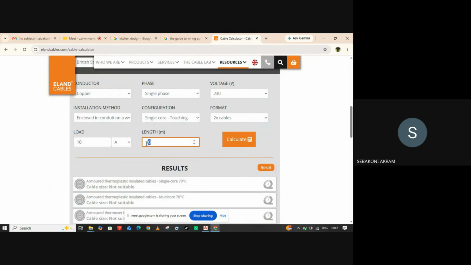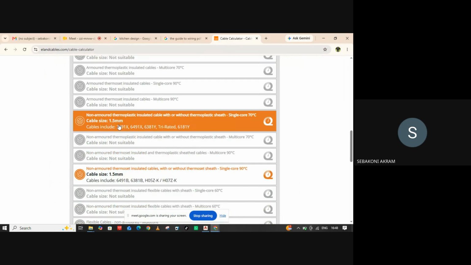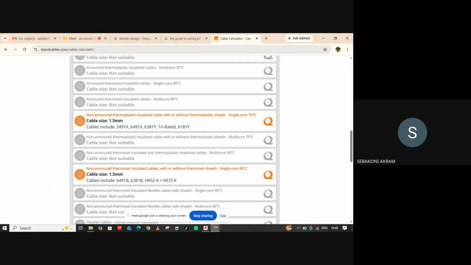So 30 it can really handle, because this 10 I've calculated for the whole lights, yet I'm calculating the length to some certain corner of the house. So it is really too much. Really 30 is enough. So the 1.5 millimeters can really accommodate that.